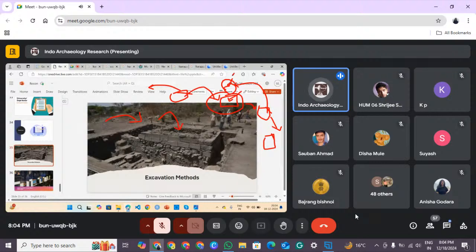In that case, you will not use your trowel directly inside. Other than that, you will use wood-based tools for safely recovering the skeletons here. So based on that, you will choose the type of activity here.